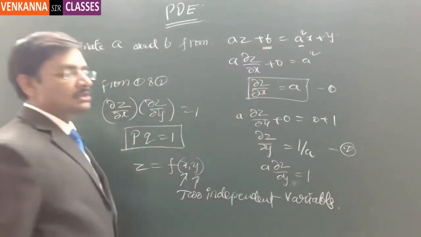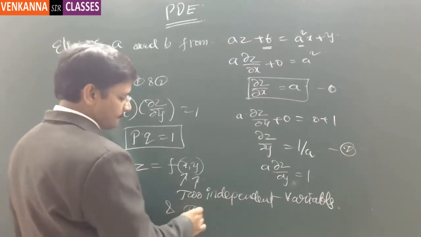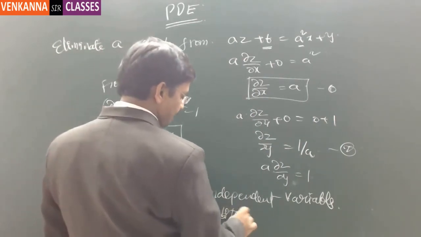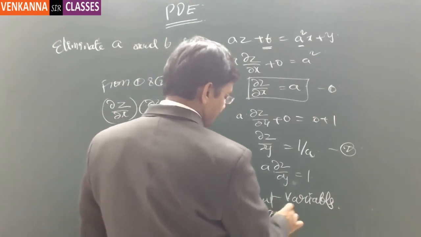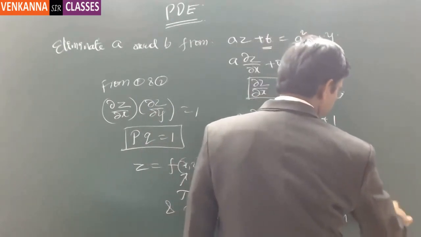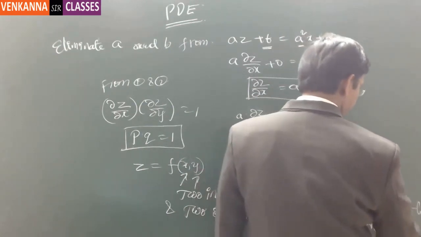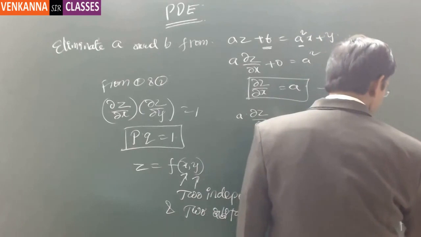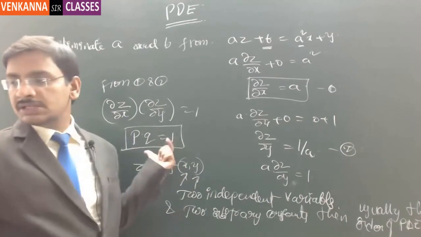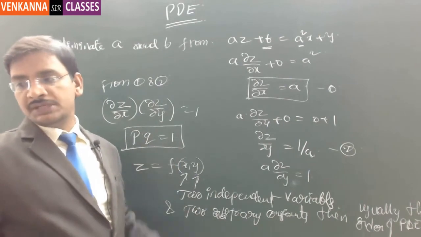If there are two independent variables and two arbitrary constants, then usually the order of the PDE is 1. If you notice, dou z by dou x and dou z by dou y are the only two terms present in this differential equation. Got it? So the order of the differential equation is 1 itself.